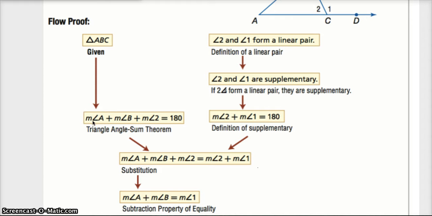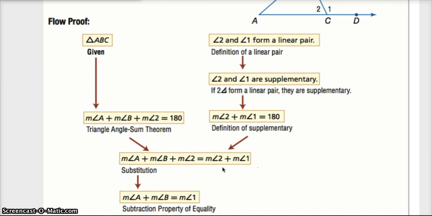They took the idea that all of this added together is 180 and all of this added together is 180, and then they did a little bit of substitution. The measure of angle A plus B plus angle 2 is the same as the measure of angle 2 plus angle 1, because we know that they're both equal to 180.